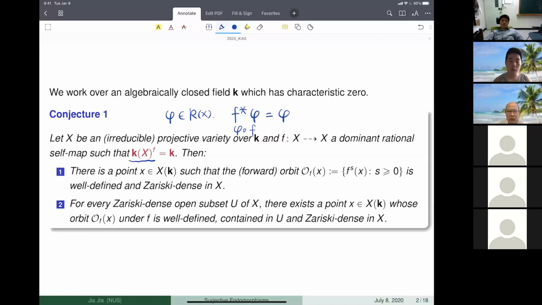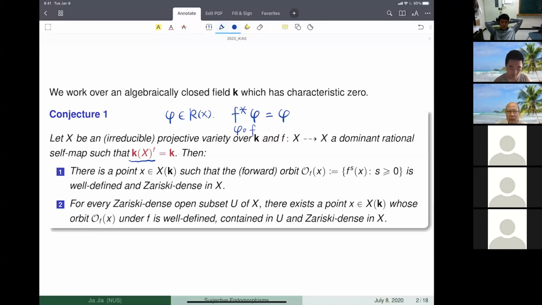But as we know, if this pair (X, F) does not have a non-constant rational function, then for another pair (Y, G) birational to this one, the pair (Y, G) does not have a non-constant rational function also, but this orbit may not be preserved under this birational morphism.